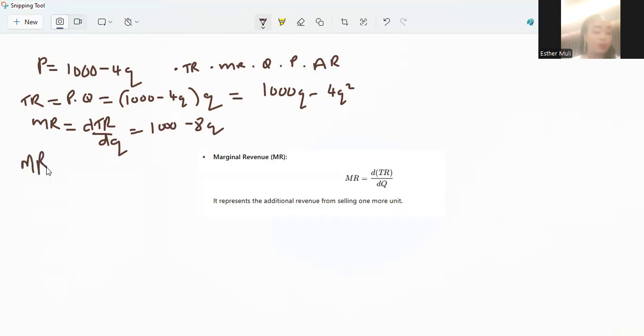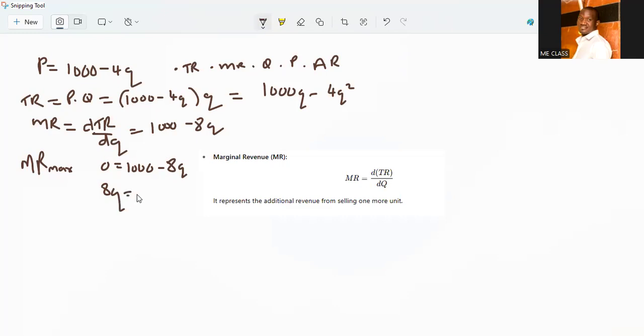With MR maximized, we set it to 0. 0 is equal to 1000 minus 8Q. So to find the value of Q, we bring this one to the other side. We're going to have 1000 divided by 8.